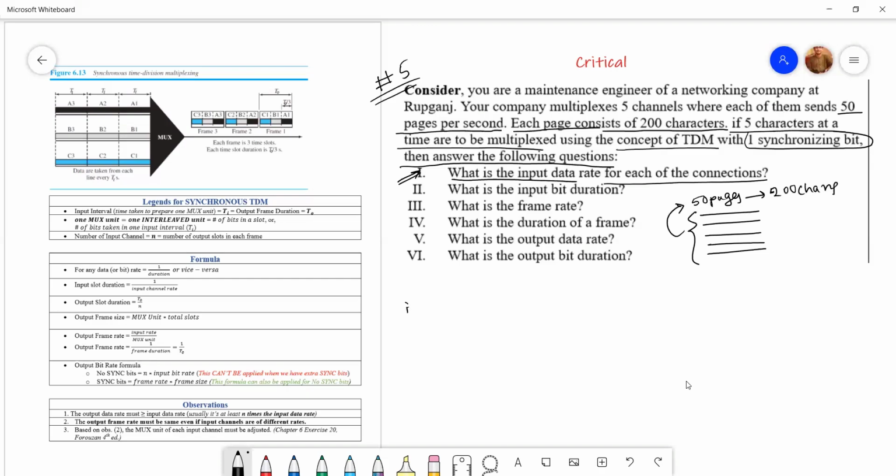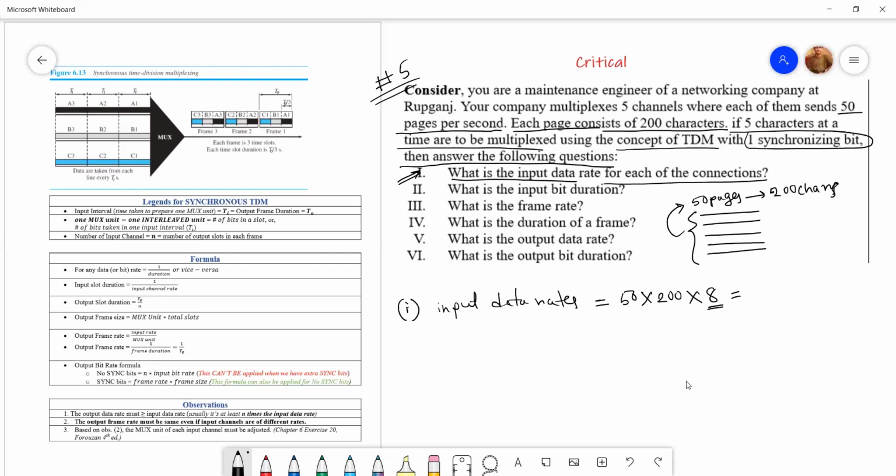To answer question number 1, we know that each of the characters has 8 bits. So the input data rate for each of the channels would be a simple conversion from pages to characters and then characters to bits. We have 50 pages. Each of the pages carries 200 characters, and we know that each character is 8 bits. So basically 50 into 200 into 8 is going to give us the rightful answer.